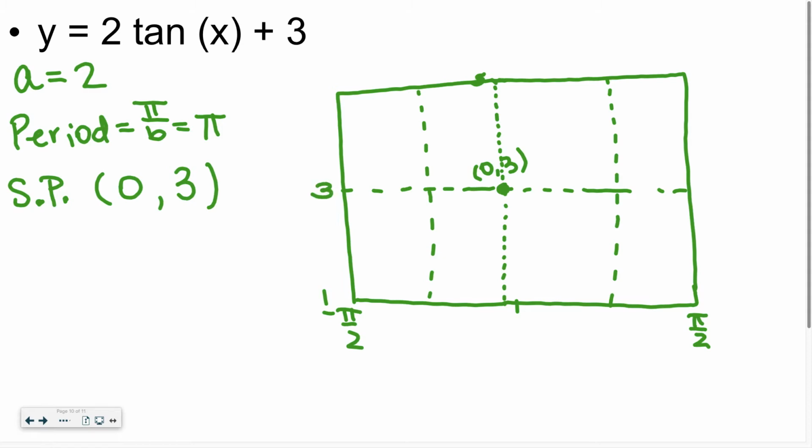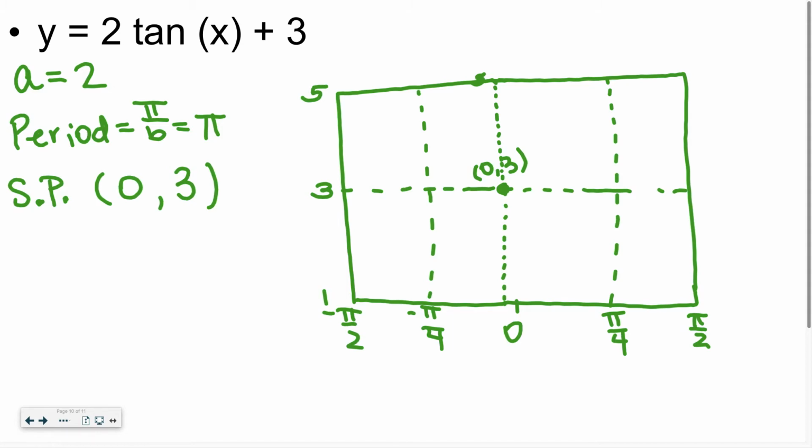There we go. Okay, and so then halfway between 0 and pi over 2 would be pi over 4. If you're going to choose method 2, then a fourth of the period is pi over 4, so we can add pi over 4 twice to the right, and then subtract pi over 4 twice to the left.